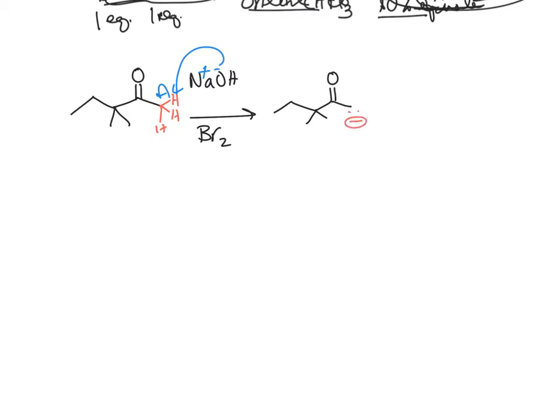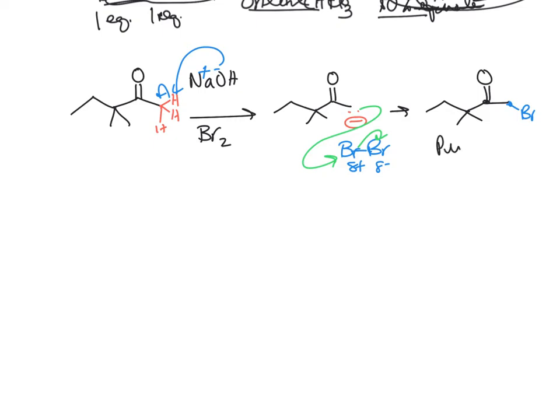There's my monkey face. And then put in your Br, delta positive, delta minus. Those electrons go there. And now you have Br there, and that carbon. Now this is the key.